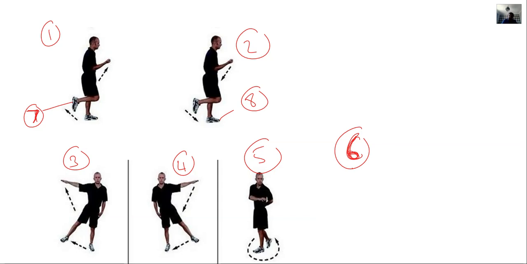So 15 seconds to go. Number 6, obviously there's not a picture. I meant to mention that. Can you work out the one that's just missing? Very similar to number 5.